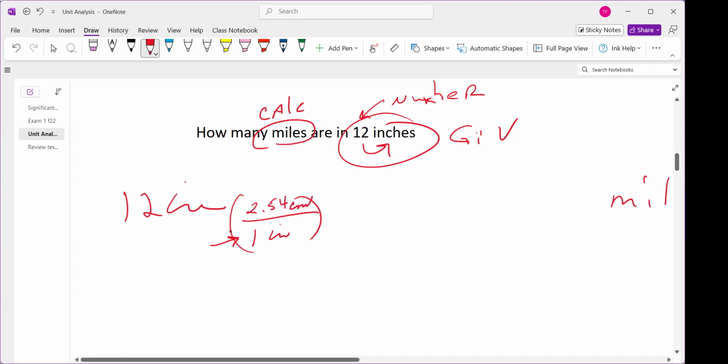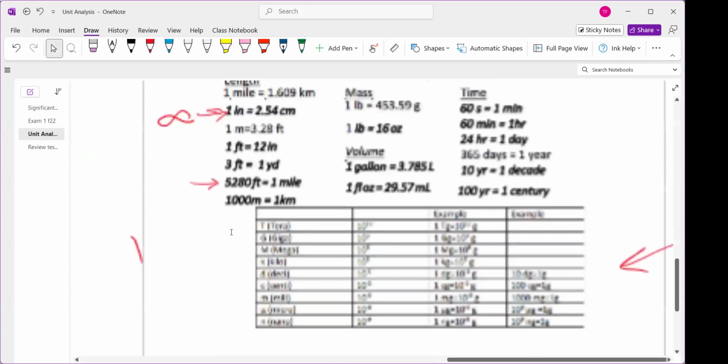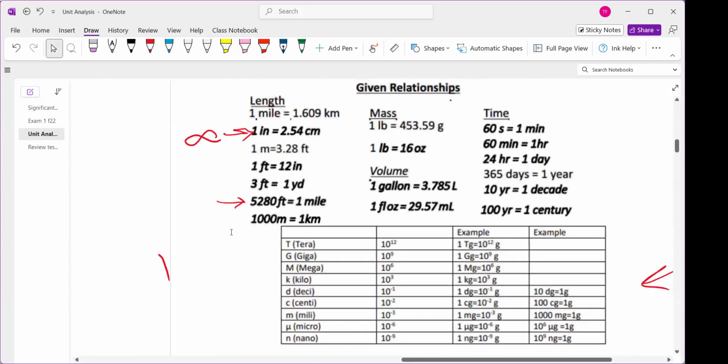Right. Okay. Now our inches cancel. Now we've just converted the 12 inches to centimeters. Now if we can get to meters, excuse me, if we can get to kilometers, then we can use this conversion factor here.